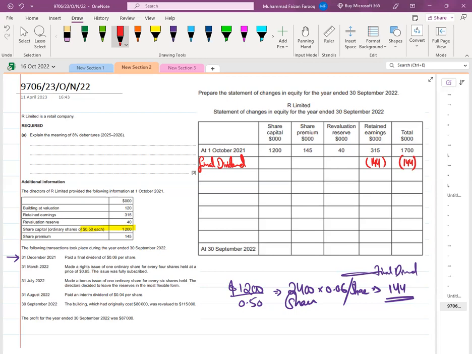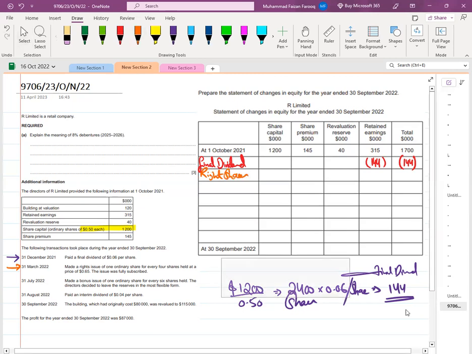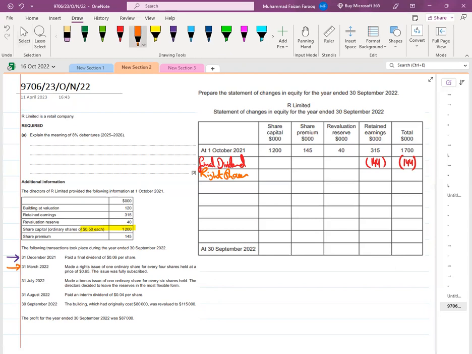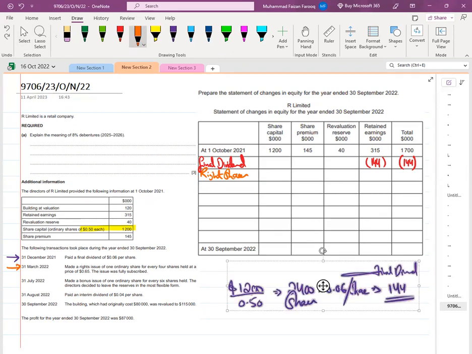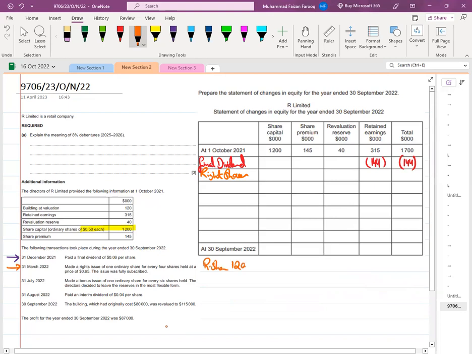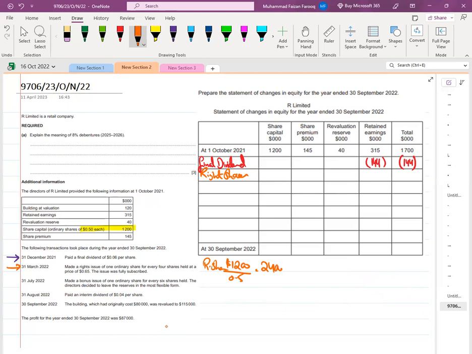So the dividend is done. The second line is 31st March, right shares. As we learned earlier how to record right shares, it will be easy for us. You copied this working of dividend or no? Yeah, yeah. Right shares. 1200 was the worth, 0.5 was the par value, 2400 shares were in issue.